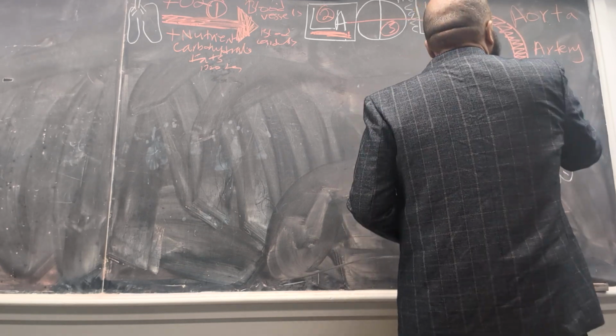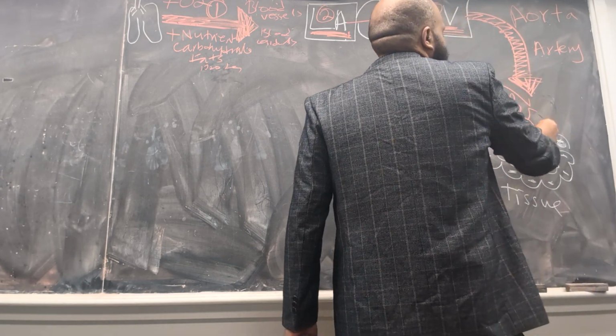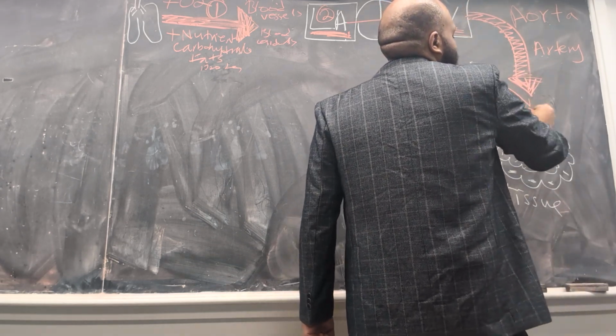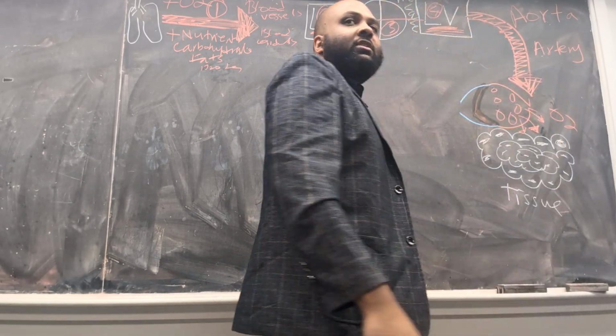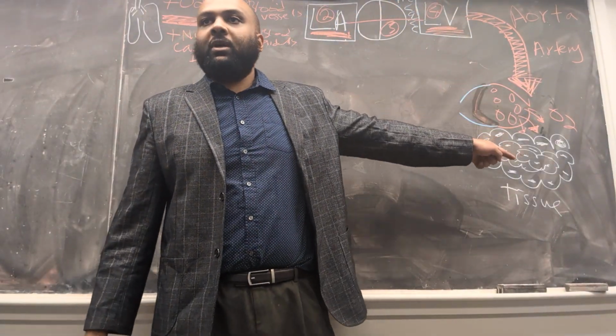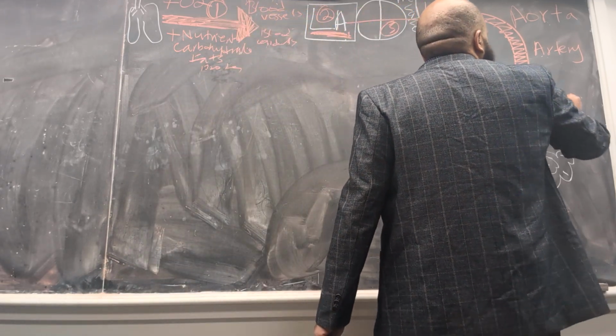So these are holes. Through these holes, coming out to the tissue are the good stuff. Your oxygen is going to come out to the tissue. Nutrients are coming out to the tissue.